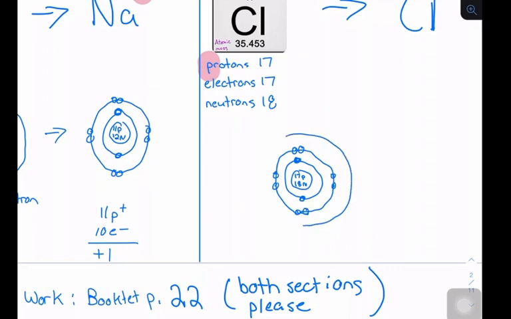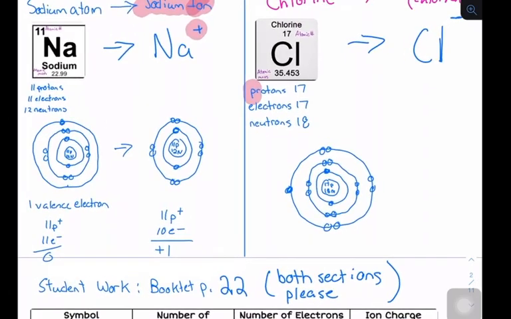Third level has 2, 3, 4, 5, 6, 7. So you'll notice chlorine is 1 electron away from having a full shell.